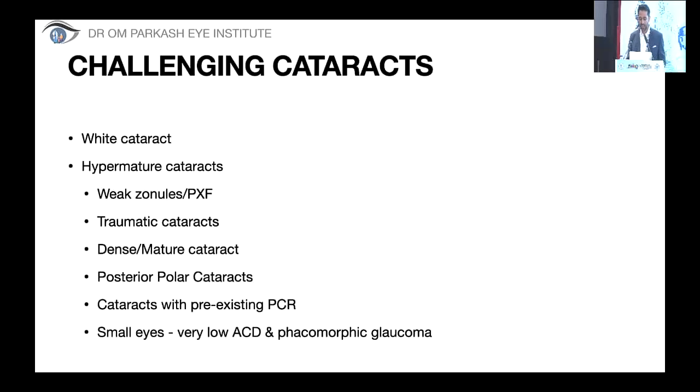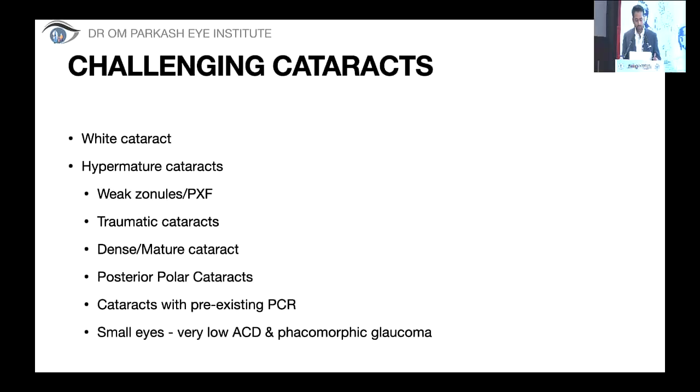But of course, my procedures of choice for FLACS are conditions like white and hypermature cataracts, as it gives you a very good opportunity of a fast capsulotomy. Then weak zonules, pseudoexfoliation, as there's difficulty in doing rexes. Then you have traumatic cataracts. Dense and mature cataracts will be dealt with later by Dr. Gaurav. Posterior polar will be dealt with by Dr. Himanshu.